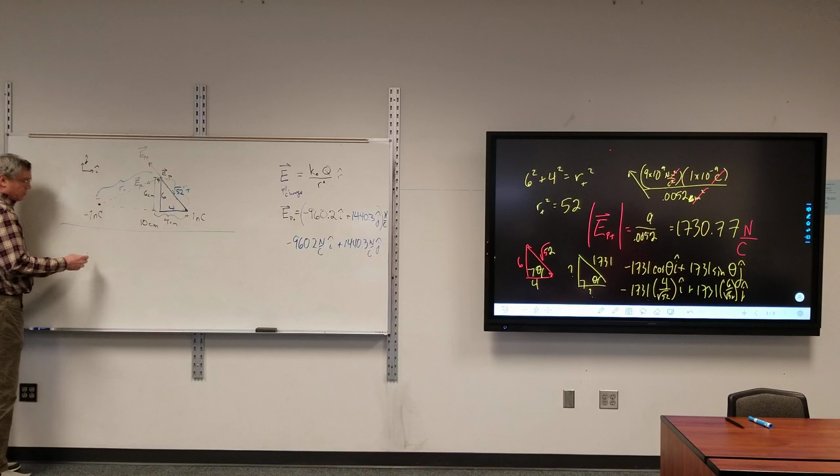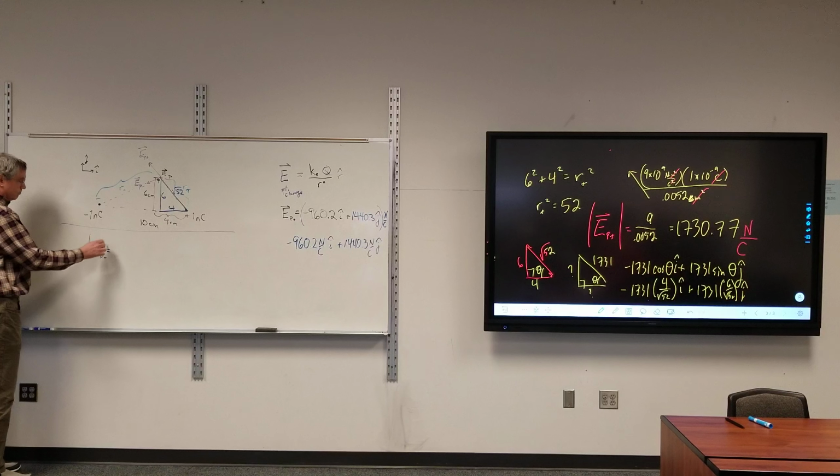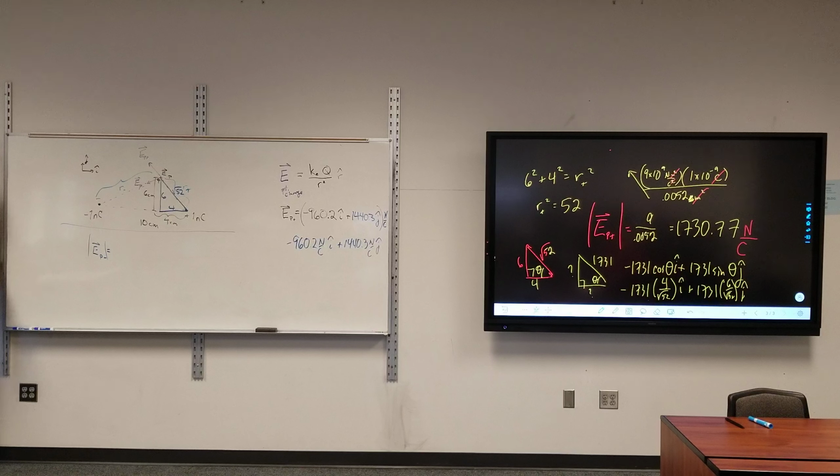How do we find the magnitude of E P negative? Is it the same equation? It should be the same equation. Yeah, other than what's different? The sign. I guess the direction? For finding the magnitude, what's different between this and what we just did?